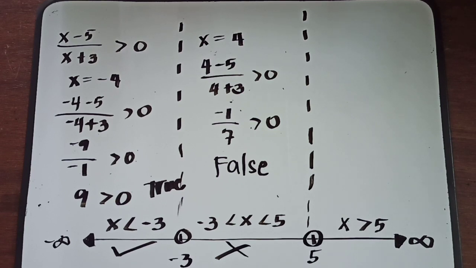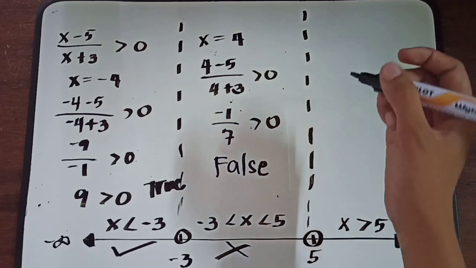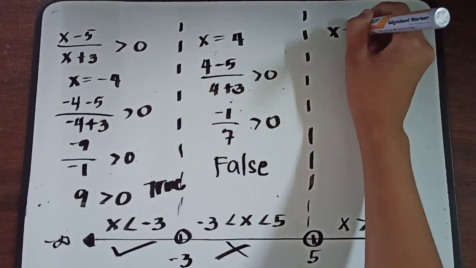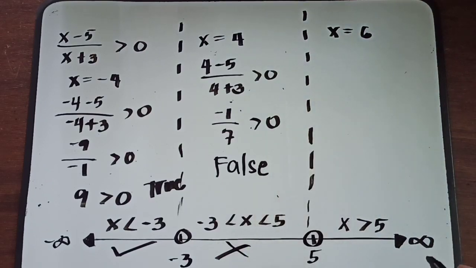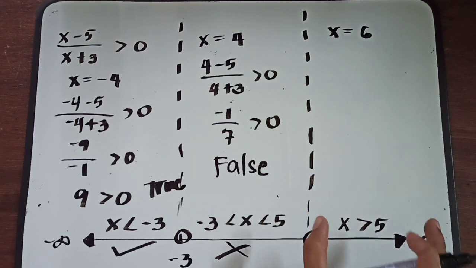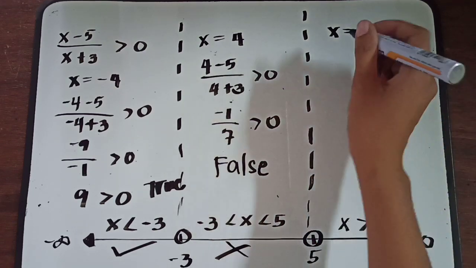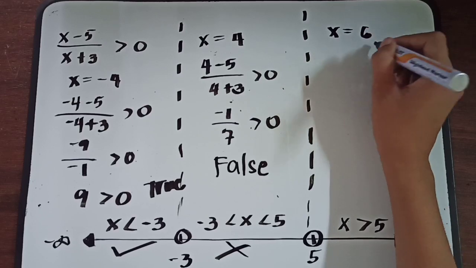So next is set the test value for this interval which is x is greater than 5. Give me one number which is greater than 5. So again, let's not go too far. X is equal to 6. But if you want it to be 1,000, 100,000, or even 1 million, it is okay as long as it is within the interval. So the value of x is 6.